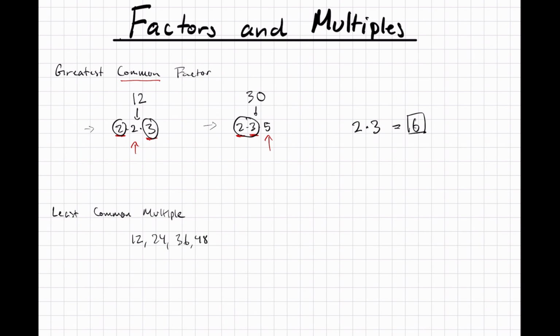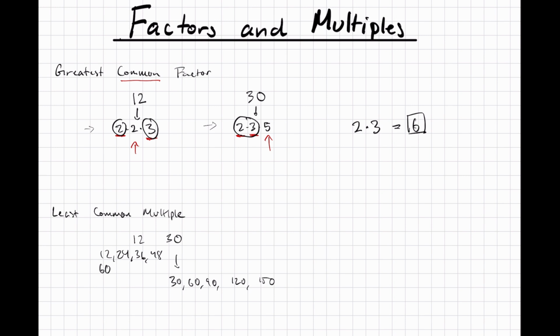But a least common multiple is when you take two numbers, say 12 and 30 again. What is the least multiple of both of the values that is common between the two? So, for example, the list for 12 is 12, 24, 36, 48, 60, and for 30, its list is 30, 60, 90, 120, 150.